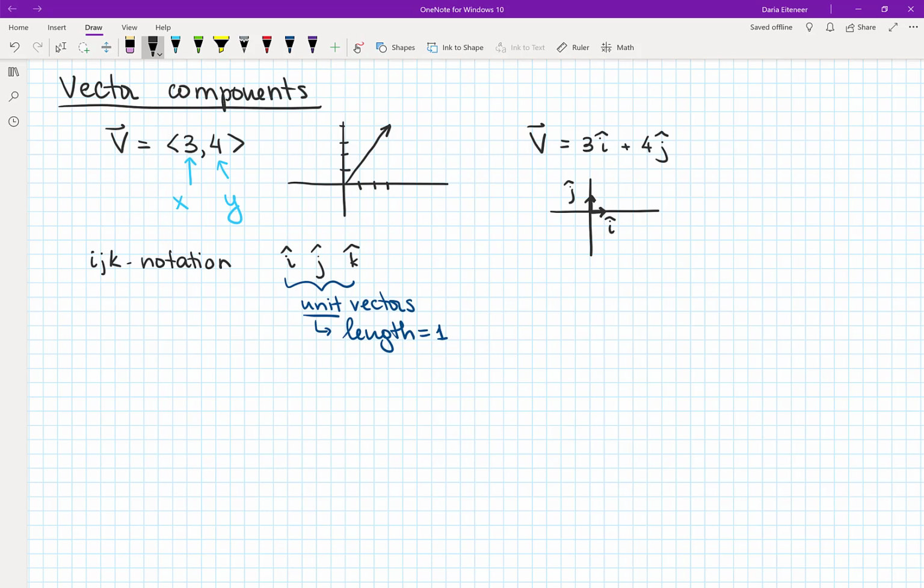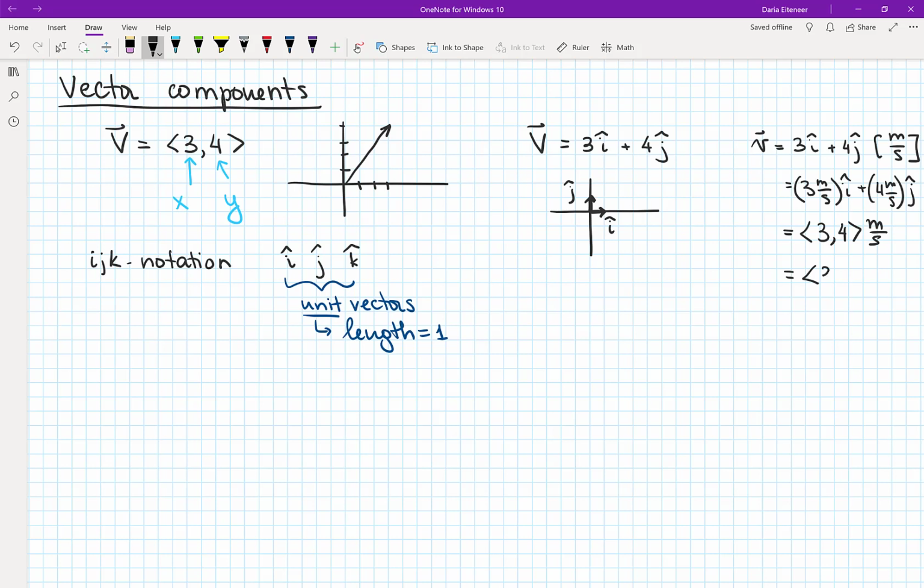Now, if you wanted to stick units onto it, like let's say you had velocity, you could write 3i plus 4j and then put meters per second on the end. Or you could write 3 meters per second i hat plus 4 meters per second j hat. Or you could write it like this: 3, 4, and then put meters per second after.